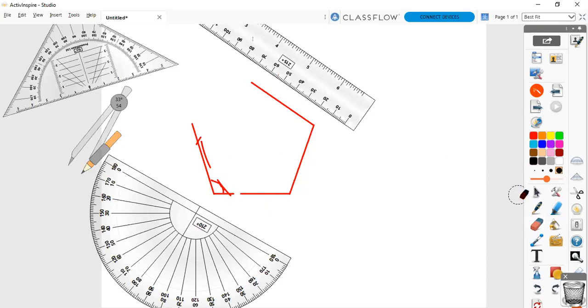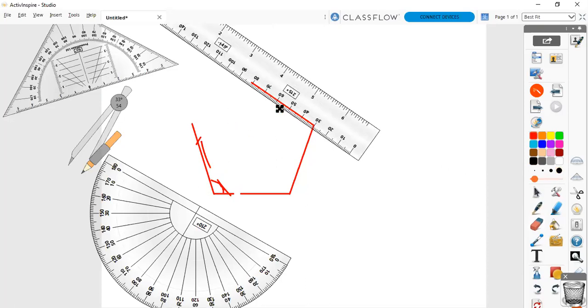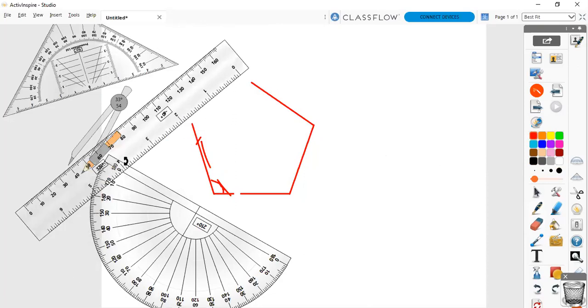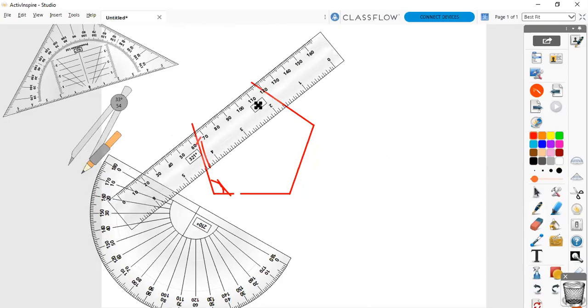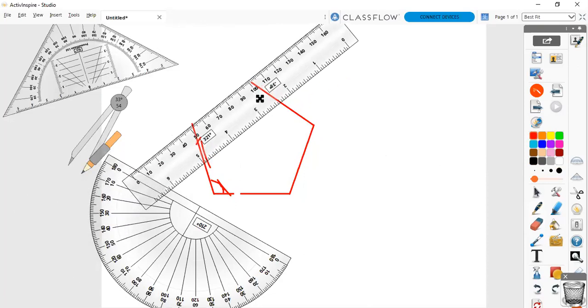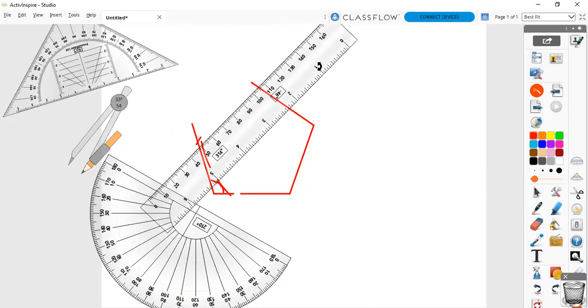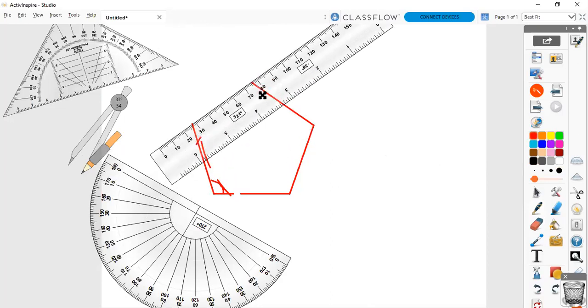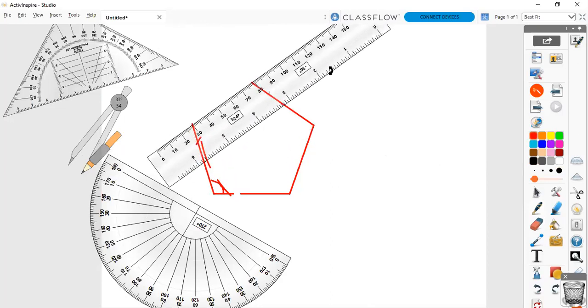And finally you can join this 2 points which are remaining in order to get the pentagon complete. And if you measure this 2 points, you will get an idea.